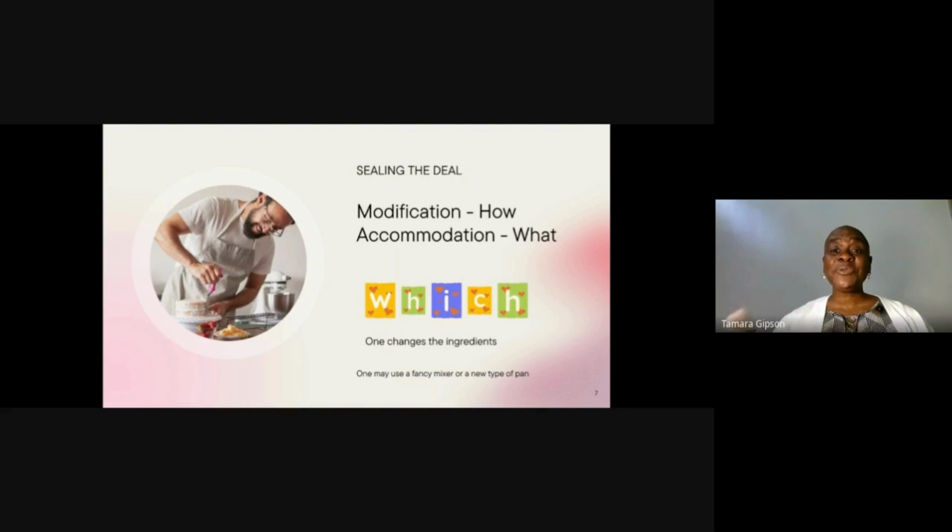If I change the ingredients, it is a modification. That change to the curriculum for the student is a modification. If I'm only enhancing and removing some of the barriers in order for the student to still perform at the same level and complete the assignments that are needed, it is an accommodation.